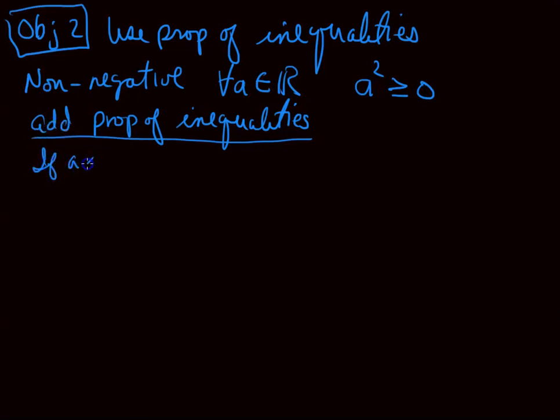If a is less than b, then you can add c to both sides, a plus c and b plus c, and the inequality symbol will remain the same. If a is greater than b, then this would be greater than. It'll remain the same if you add c to both sides.